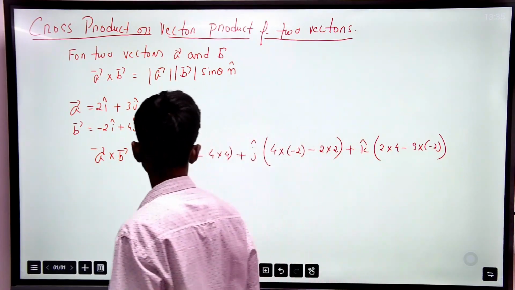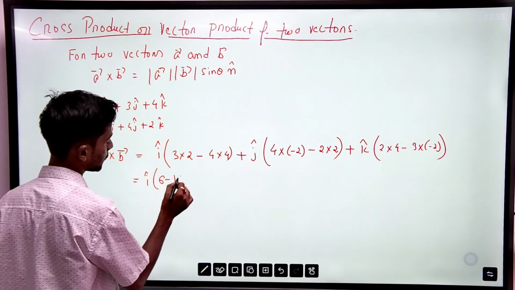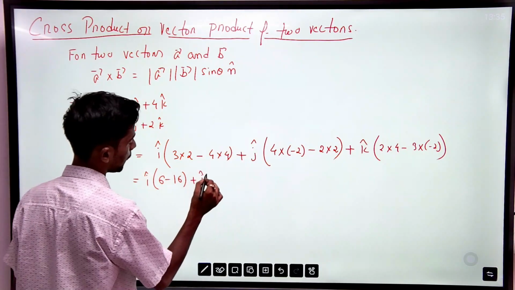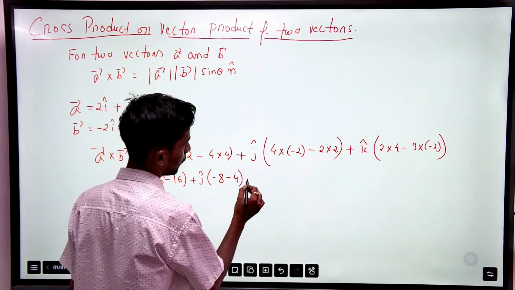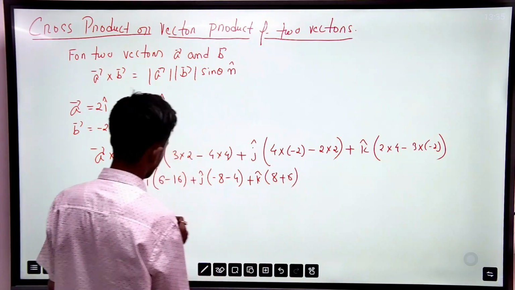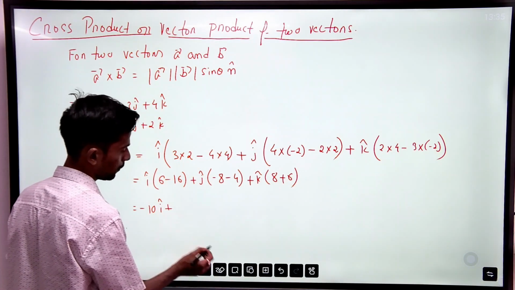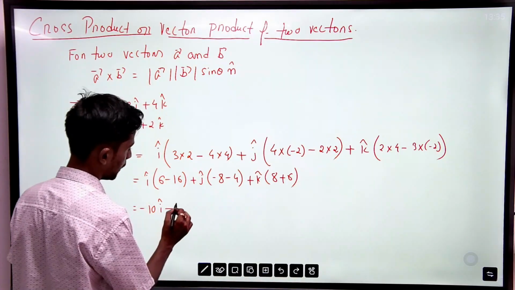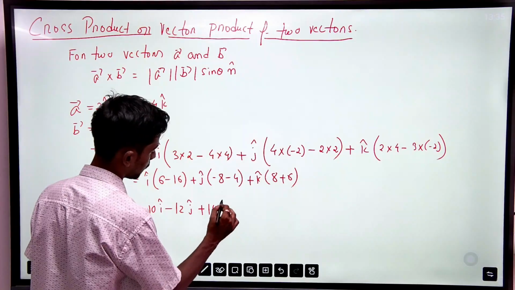So basically you are getting i cap (6 minus 16) plus j cap (4 minus 2 minus 8, minus 4) and plus k cap (2 fours are 8 plus 6). So basically you are getting minus 10 i cap minus 12 j cap plus 14 k cap.